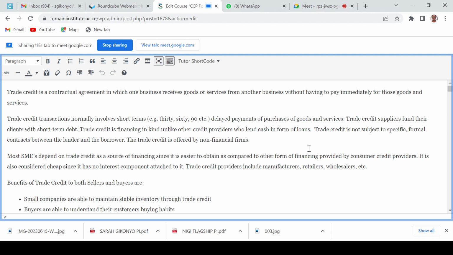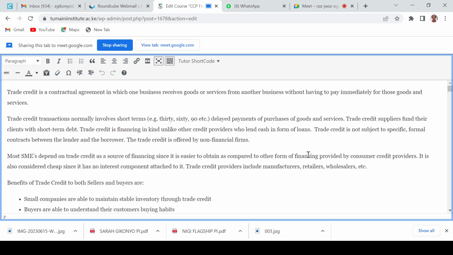For us who are in the banking sector, like Rose and Eric, you can tell us that it's not an easy task to get a facility. But for trade credit, because of its nature, it is short term. It does not have formal complications like we see in financial institutions.